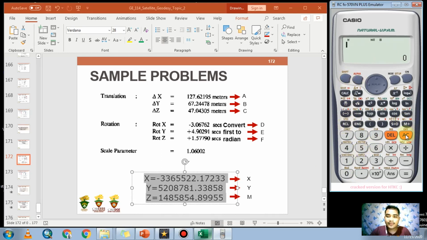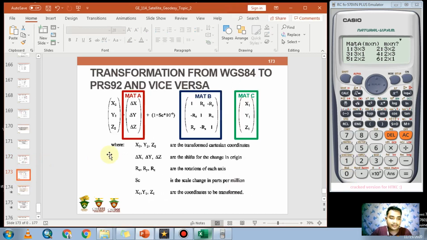Again, mode matrix, shift mode, mode lang pala. Mode matrix 6, no? So first atong sudlan si memory matrix A. Okay, this is the formula now. So matrix A is 3 by 1, so click 3. No?